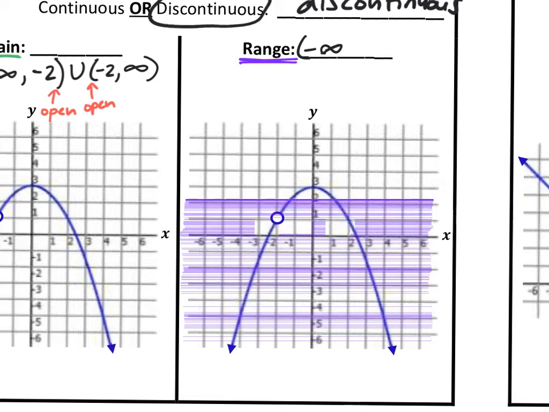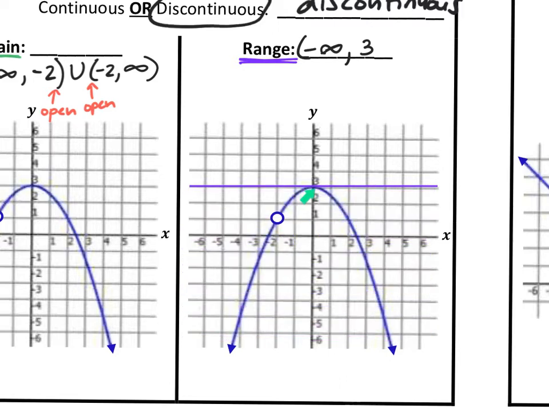And then I keep scanning, and the graph ends at positive 3, it looks. 1, 2, 3. Yeah, positive 3. So I'm going to put comma, positive 3. And it looks like it's closed at that highest point, so I'm going to put a bracket.